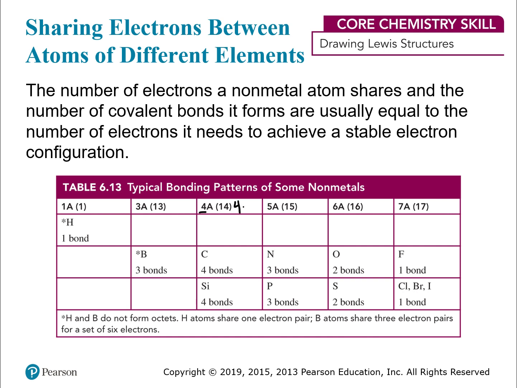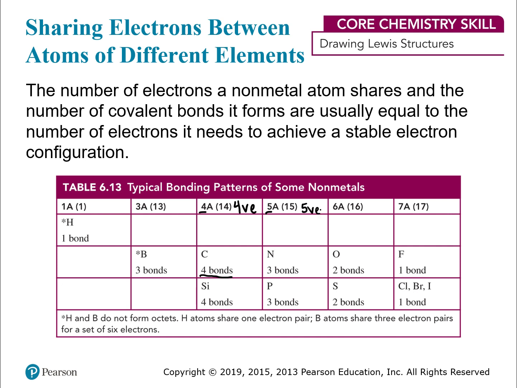So it's got 4 valence electrons, and it can make 4 bonds. It needs 4 bonds to achieve that stable electron configuration. If we look at nitrogen, nitrogen is in 5A. It's got 5 valence electrons.